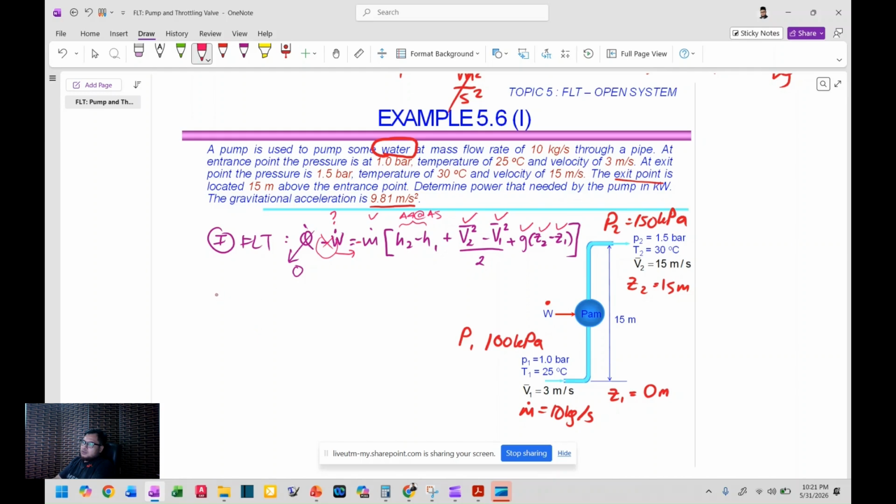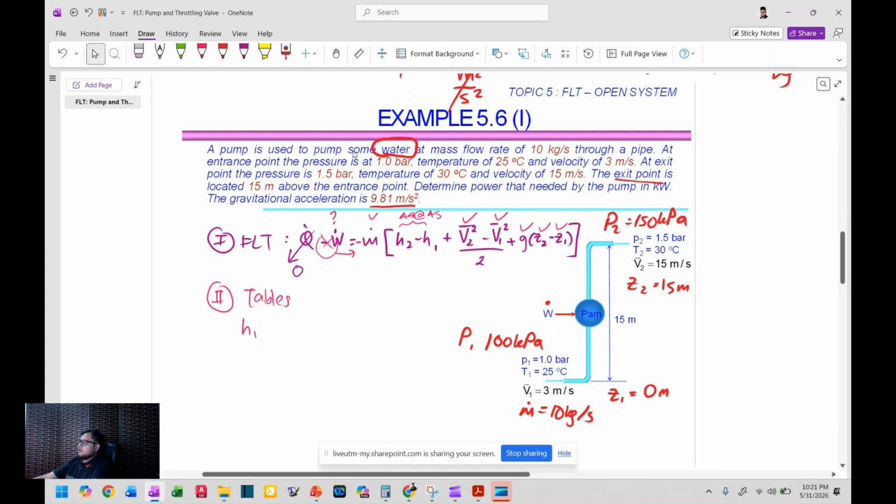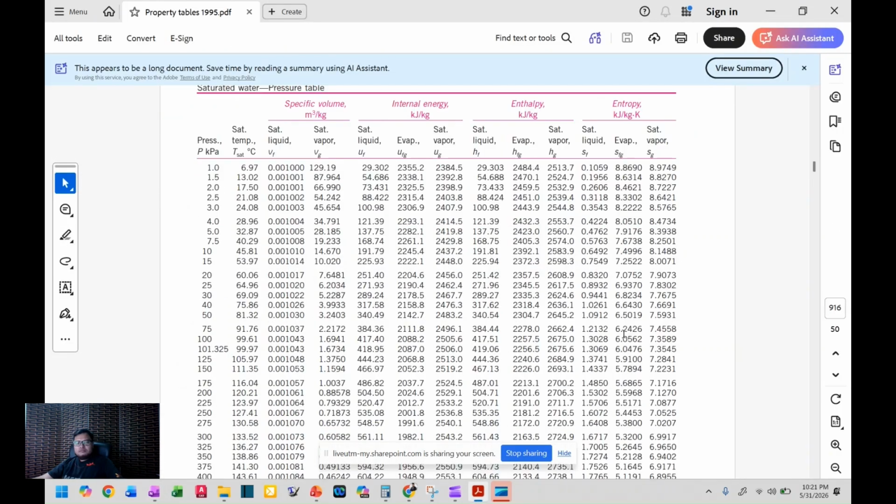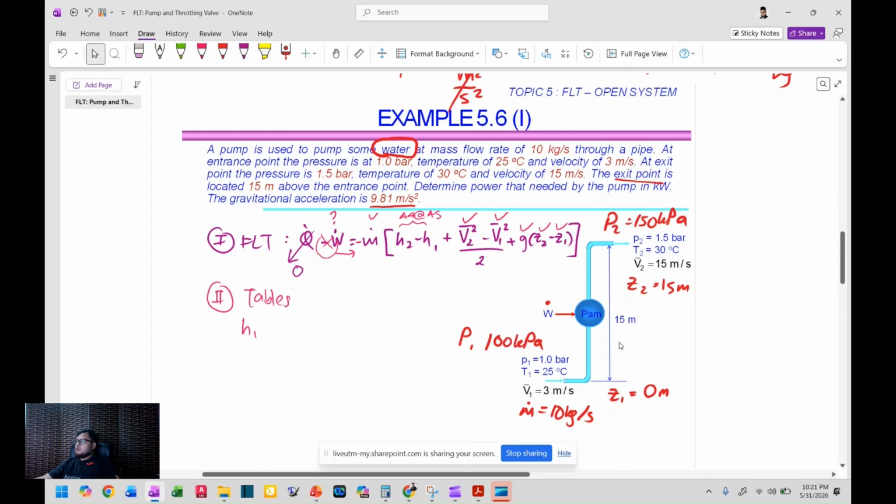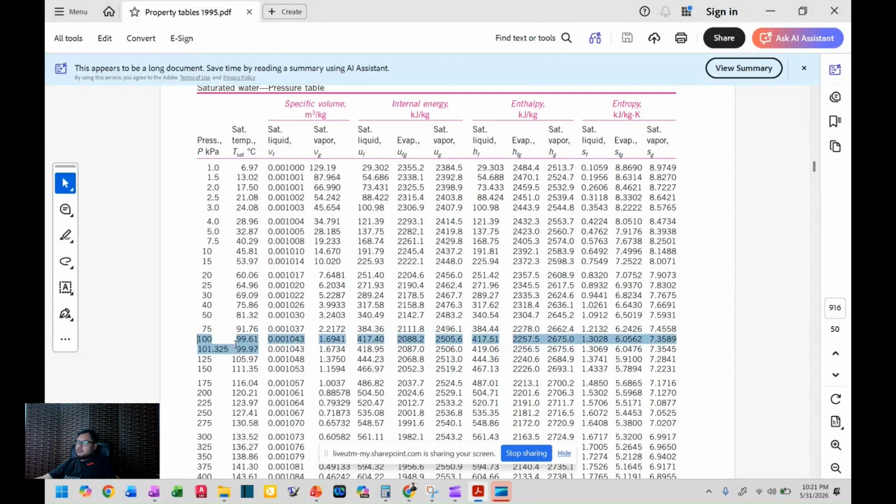So step 2 is tables, right? Let's see. So for H1 first, we have 100 kilopascals and 25 degrees. So let's see from the tables. We got A5, 100 kilopascals, 25 degrees.